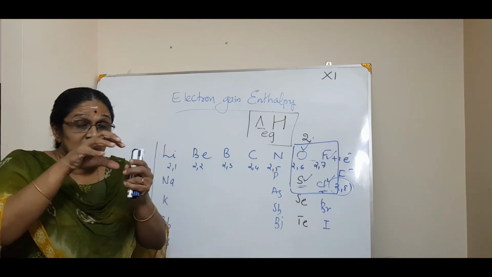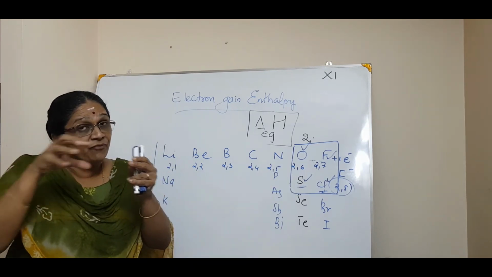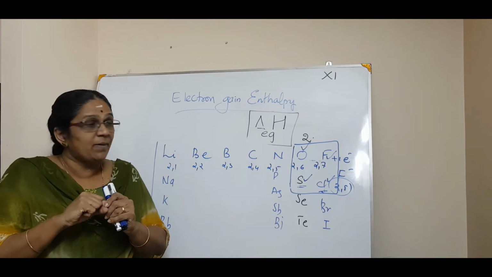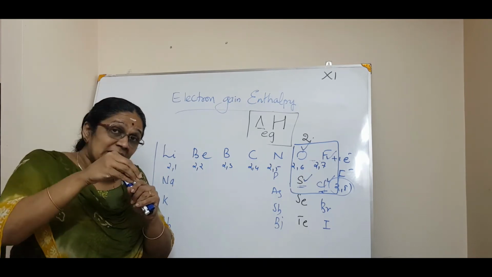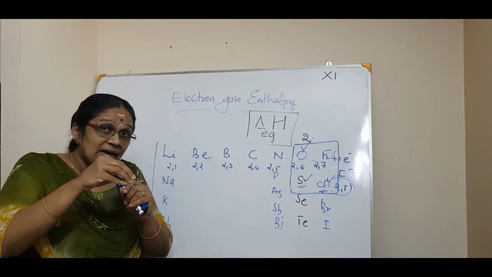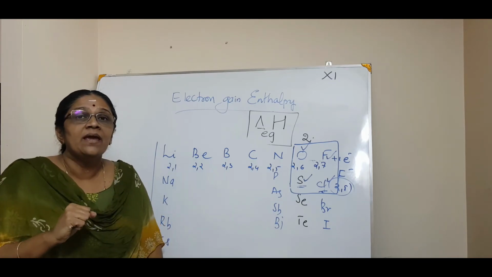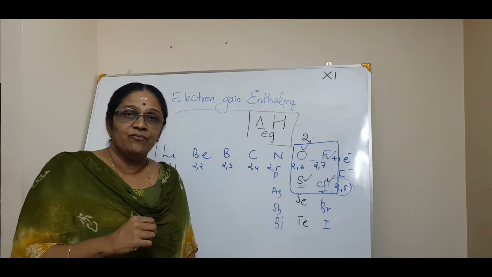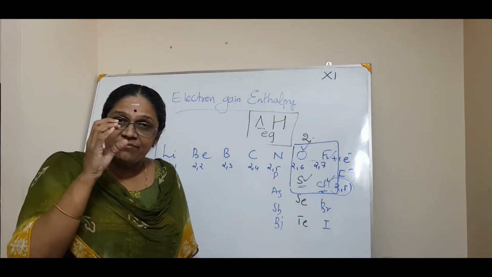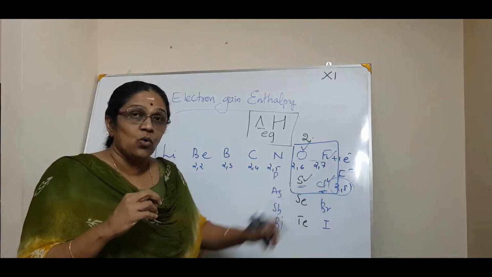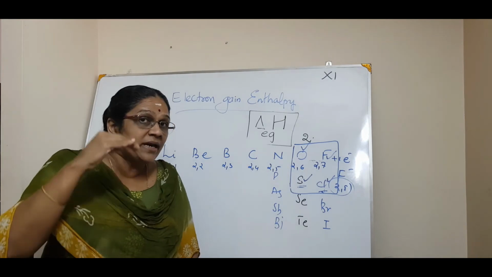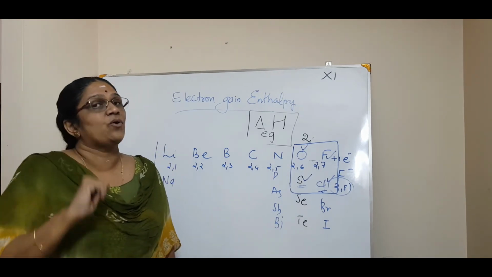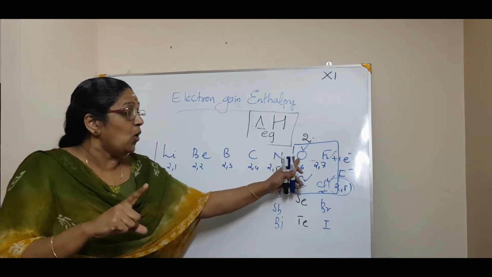So that outer electron will be far away from the nucleus, and thereby when an electron comes to that atom, the repulsion will be less when compared to oxygen and fluorine. So that is the reason why sulfur and chlorine have a more negative value of electron gain enthalpy than oxygen and fluorine.